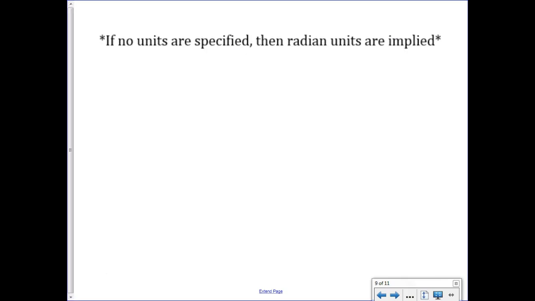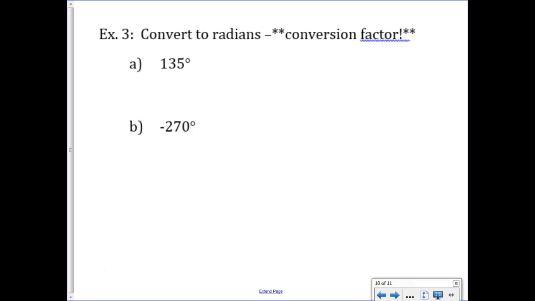If no units are specified, then radian units are implied. So that means if you don't see it specifically telling you whether you're dealing in degrees or radians, then you are dealing in radians. One thing you might have to do is convert to radians or convert to degrees from radians. The conversion factor is just our matching pieces on the unit circle.